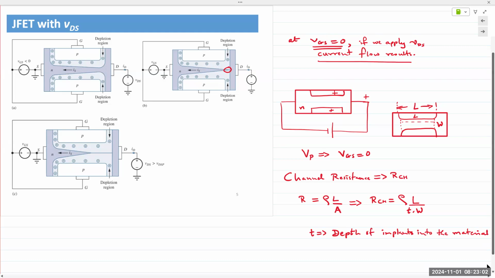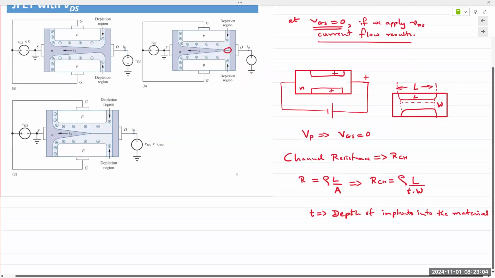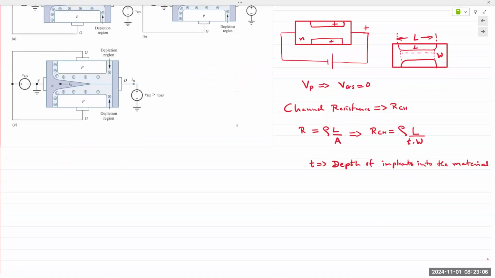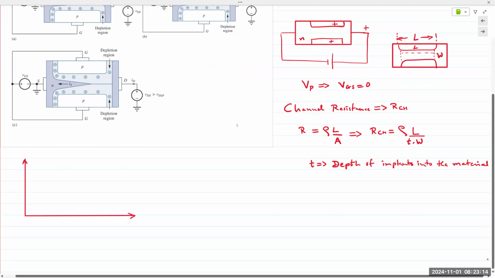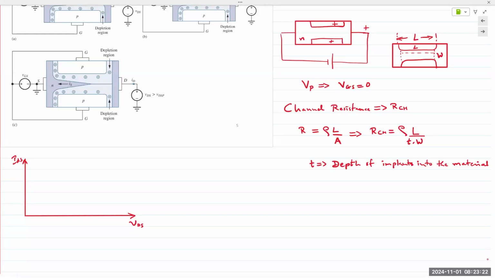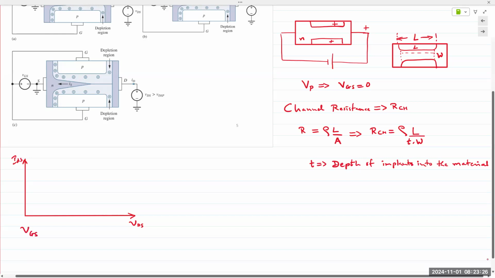So if I was to draw a simple characteristic for VGS equal to 0 and increasing VDS and IDS over here, this is the case where VGS is 0 volts.